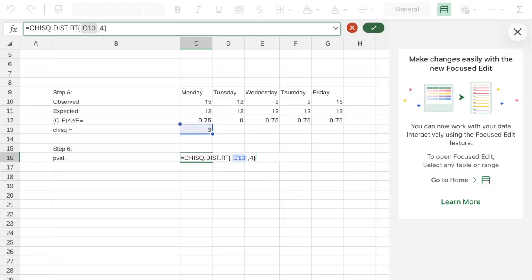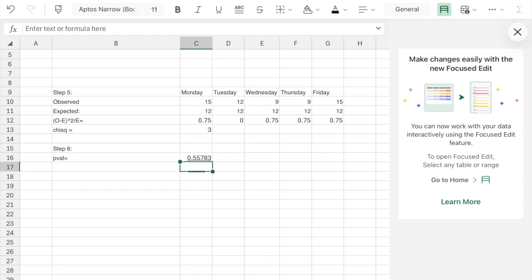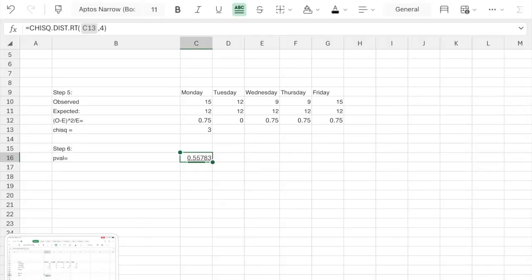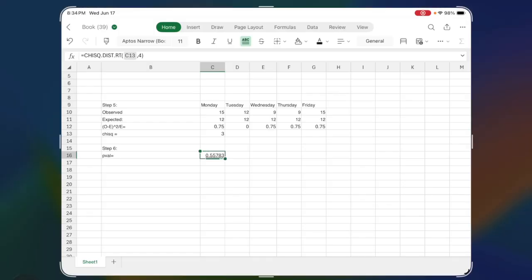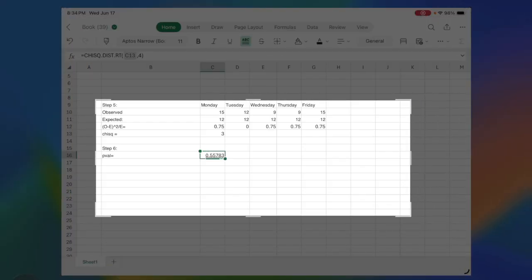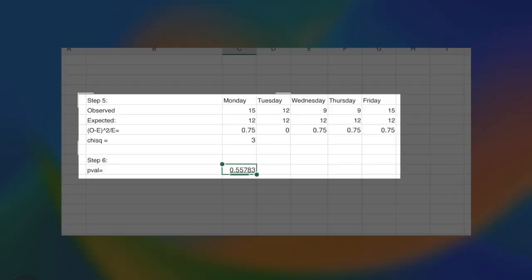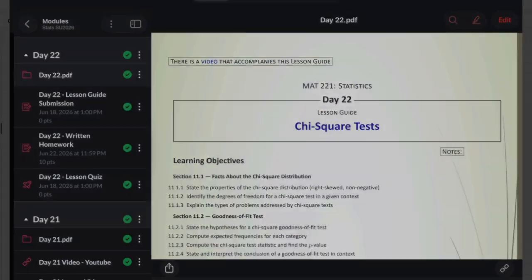Okay, so chi-squared dot dis dot rt degrees of freedom is 4. That's k minus 1. There were 5 categories, so minus 1 is 4. All right, just as you read in the text. Okay, so that's our p-value. So I'm ready to screenshot this now. There you go. Copy and delete.